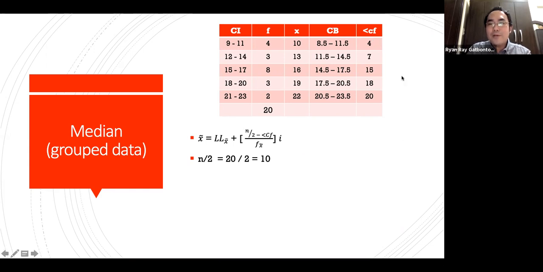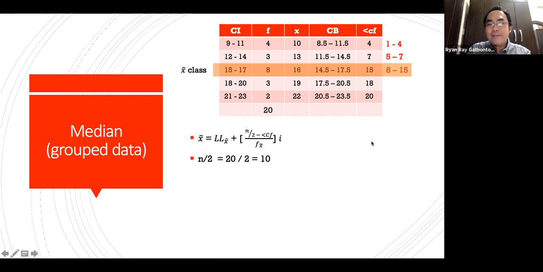We will look here, where our 10 will fall. So let's see. First you count 1 to 4 because this value is 4. Then count this because it has three frequencies, so this has 5, 6, and 7. While your 8, 9, and 10 will fall in here. All right? So the 10th value, or n divided by 2, falls in this class. Therefore, this is your median class.